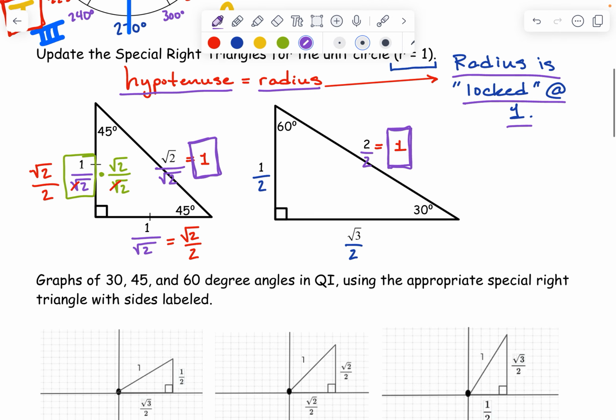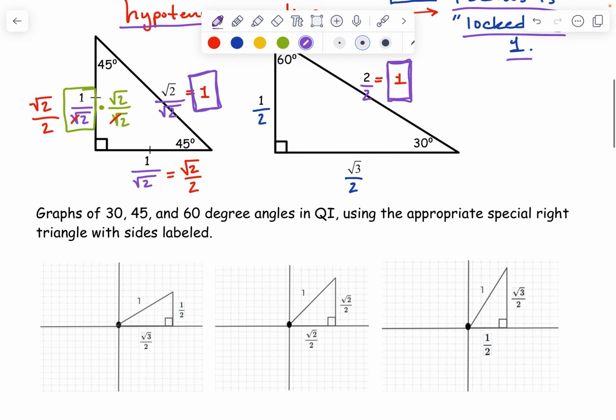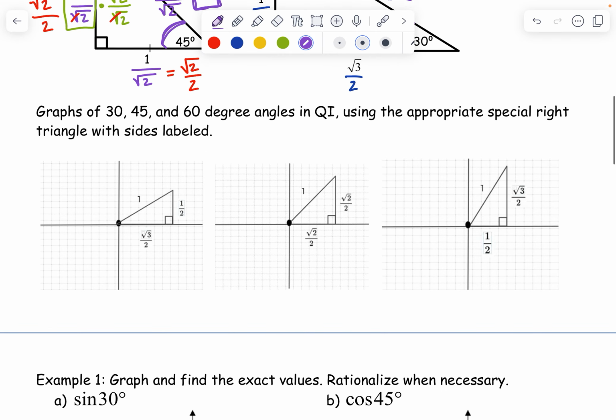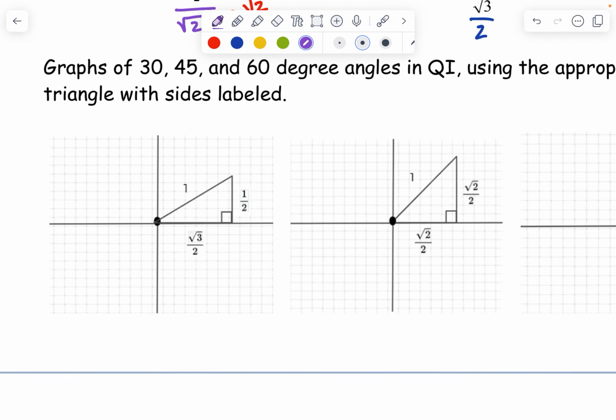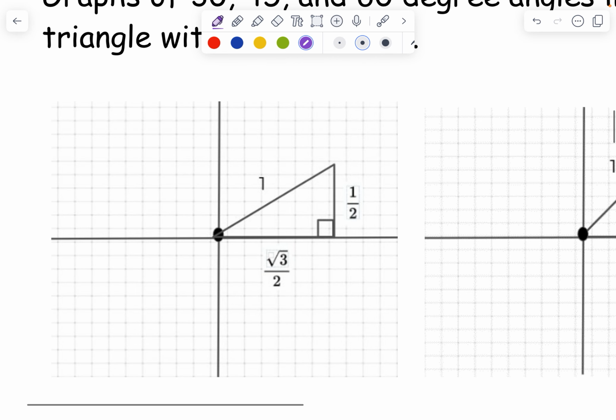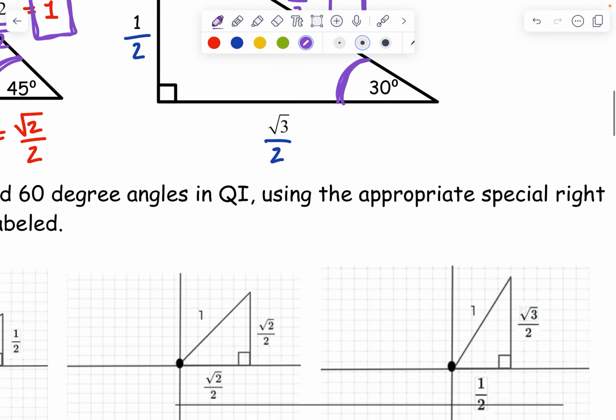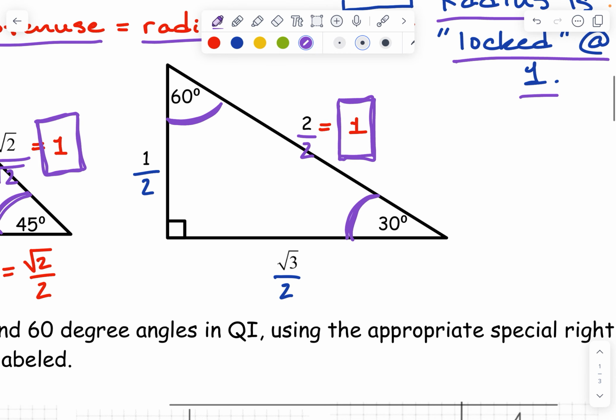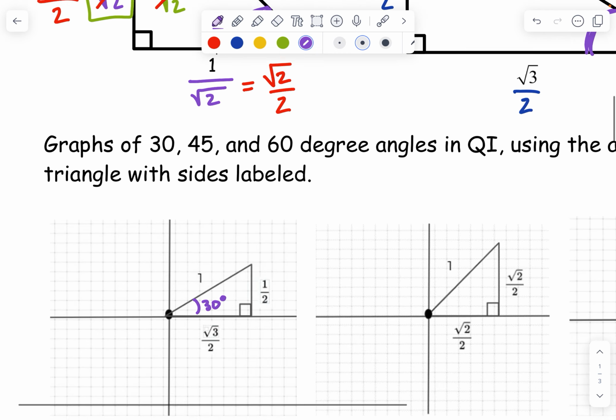So if we were graphing, think about it like this. See how this angle right here is 30? This one's 60. This one's 45. Think if we were putting that onto quadrant 1. For instance, if this was our 30, we would look up here, and eventually with enough practice you'll learn this. Our hypotenuse is 1.